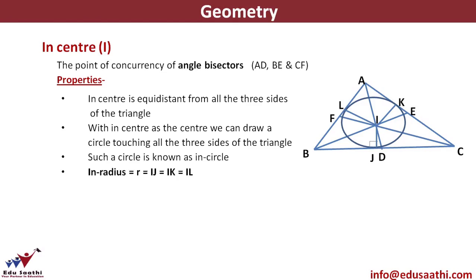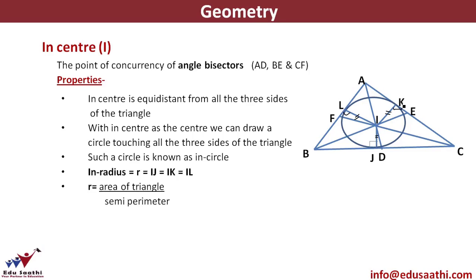Here, if you talk about the perpendicular distance, which is IL, would be equal to IK would be equal to IJ, and I'm always talking about the perpendicular distances, right? So here all of them are known as in radius. That means the radius of the circle which is formed inside the triangle.